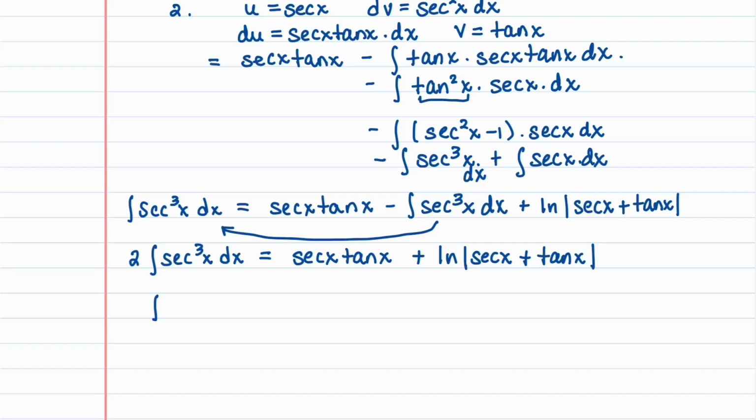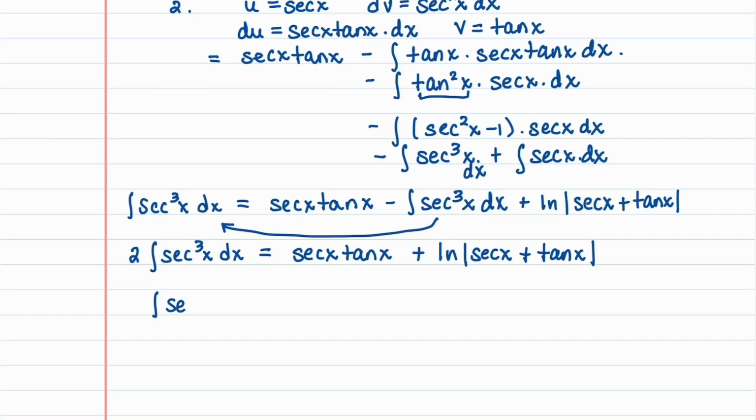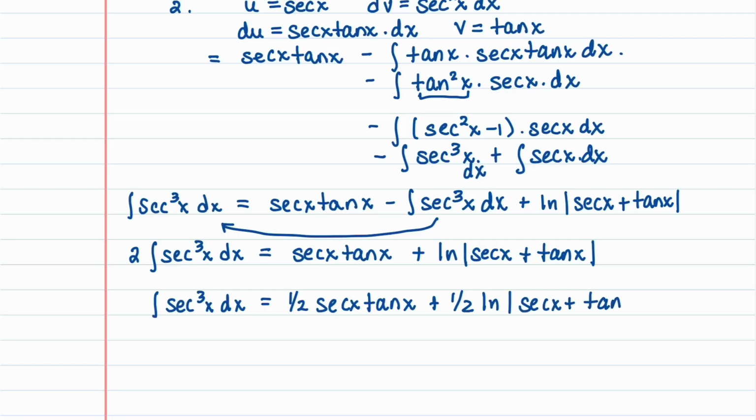Now all we have to do is divide by 2. So we have the integral of secant cubed x dx is equal to 1/2 secant x tangent x plus 1/2 natural log absolute value of secant x plus tangent x.